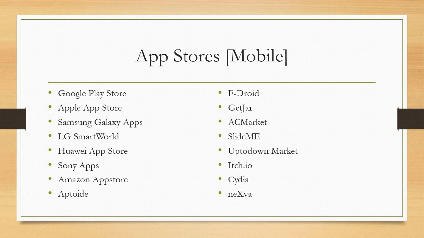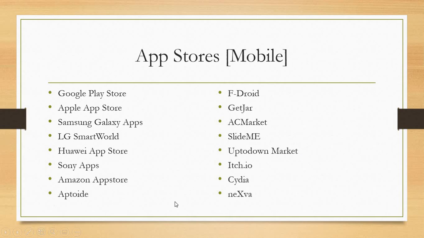There are a number of mobile app stores. Here is just a short list of all of those available. Many of you are probably familiar with the Google Play Store, Apple App Store, and the specific potential apps available through your specific phone.